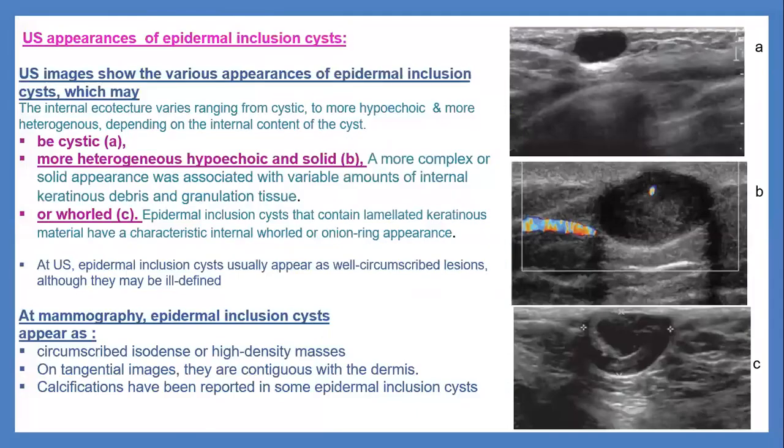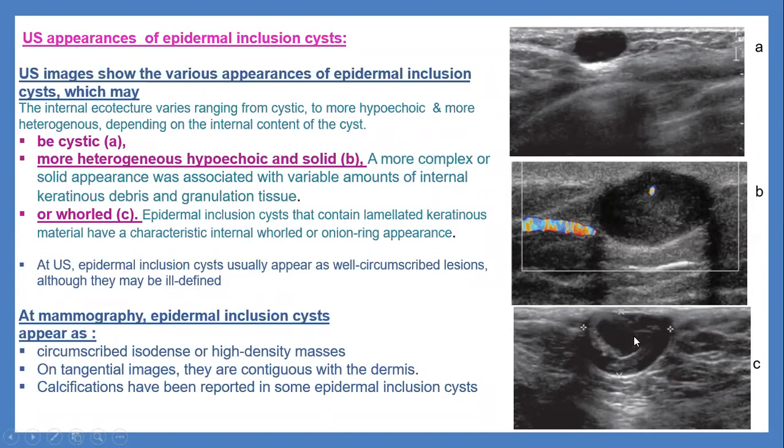These are multiple examples of the ultrasound appearance of epidermal inclusion cyst. It can be purely cystic, or heterogeneously hypoechoic, and sometimes might give internal vascularity, although it is a cyst, and it can give us whorled layers.